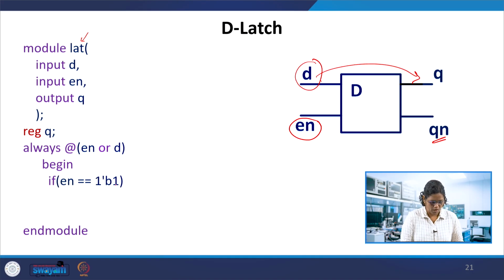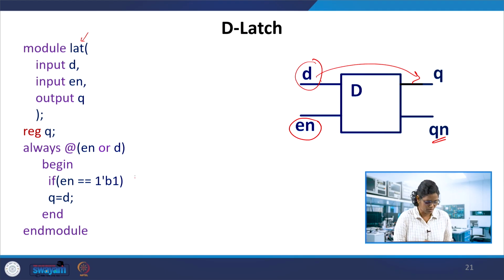If enable is 1, this passes D to Q. Okay, end. So if you see the code, there is no else statement. This will infer a latch automatically. This is an intentional latch. There are also accidental latches in the code: if you miss the else condition, or the default case in case statements, that would form a latch.